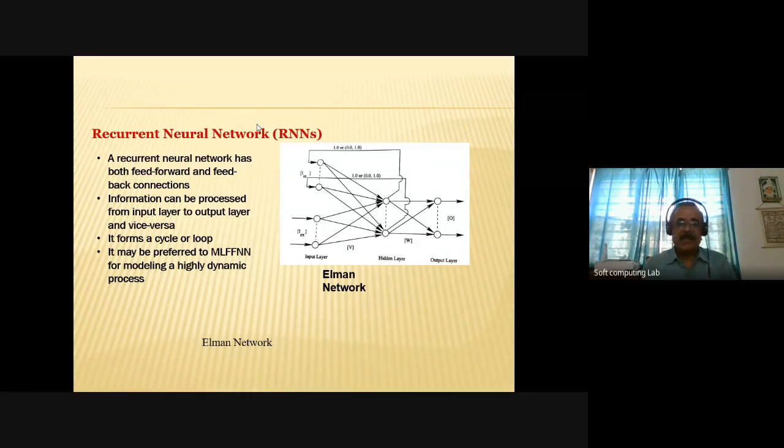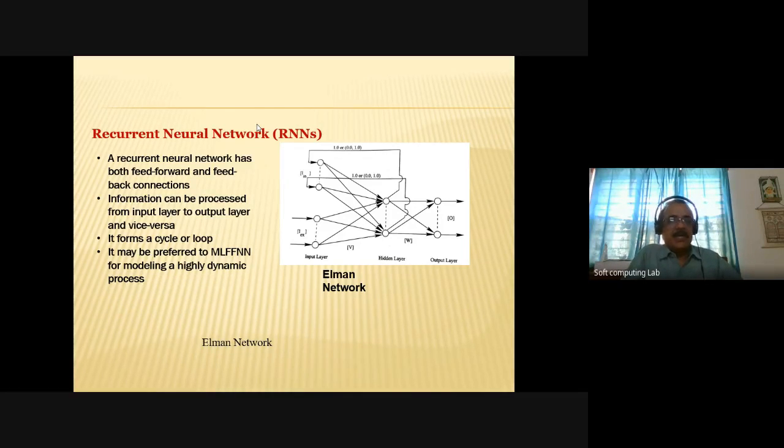And this vibration will have some contribution towards the final output of the product. That is missing till today. Whenever we are using a multi-layered feed-forward network or radial basis function network, those things are not considered. But here in recurrent network, we consider those internal inputs, that is the level of vibration generated on the machine, on the quality of the turned surface.